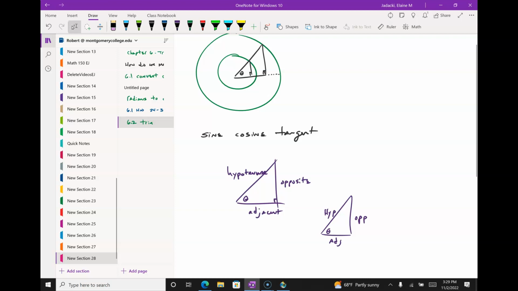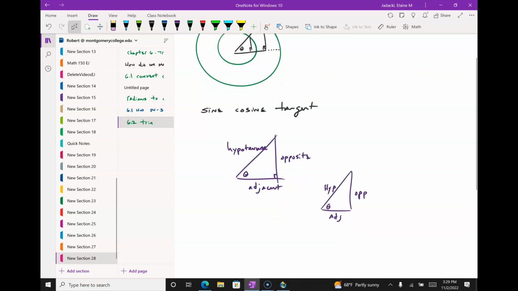How many combinations is it if I pick 2 of the sides? 6. So we actually have 6 trig functions: the sine, the cosine, the tangent, the cosecant, the secant, and the cotangent. Because when I'm picking 2 sides out of 3, I could pick opposite over hypotenuse or hypotenuse over opposite.